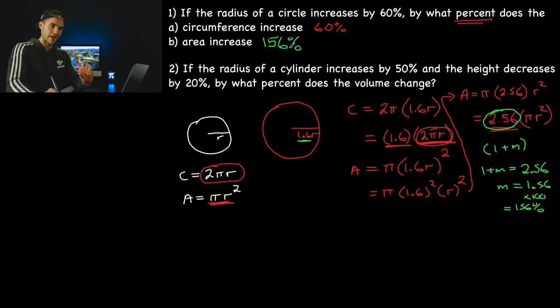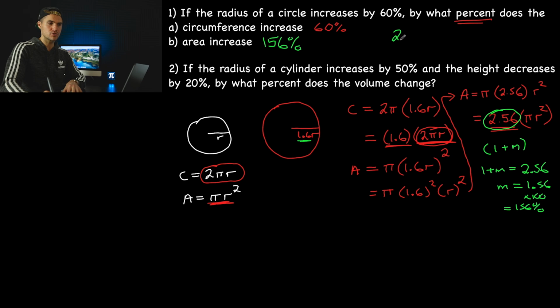But when we talk about the actual percentage increase, this 2.56 is equal to this 1 plus the percentage increase, right? And that's going to be in decimals, so we have to multiply it by 100 after to get the 156%, right?